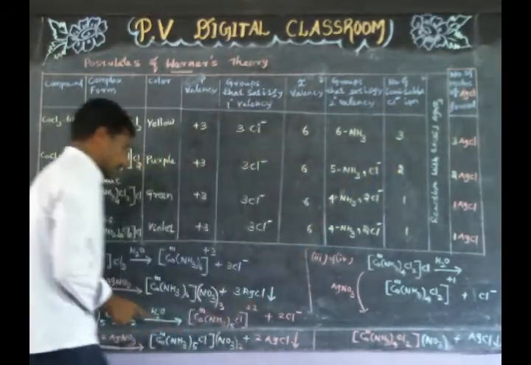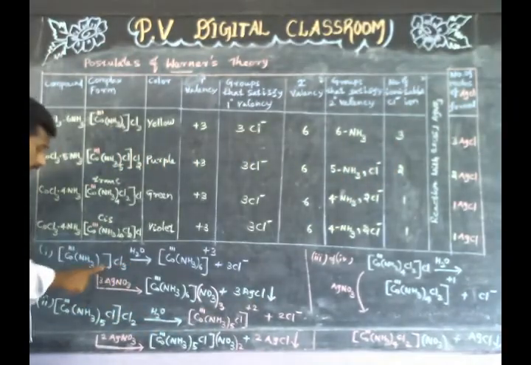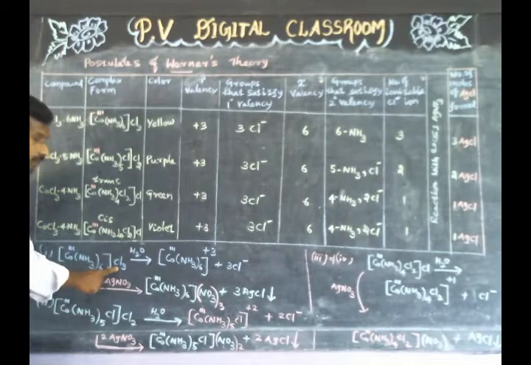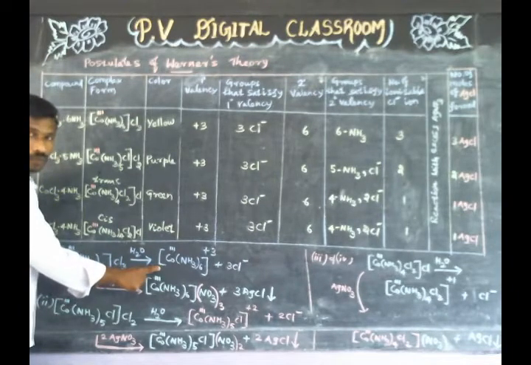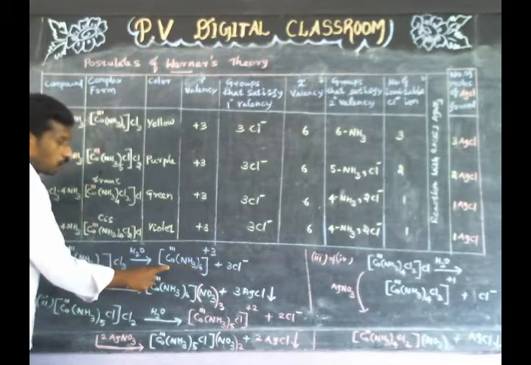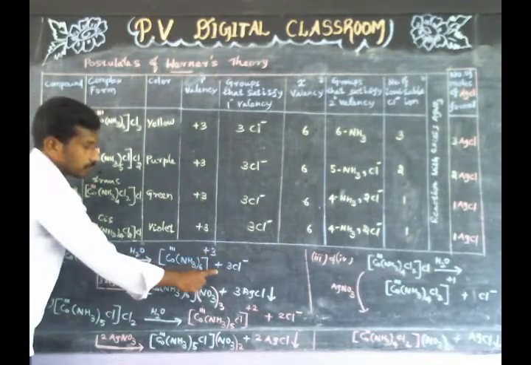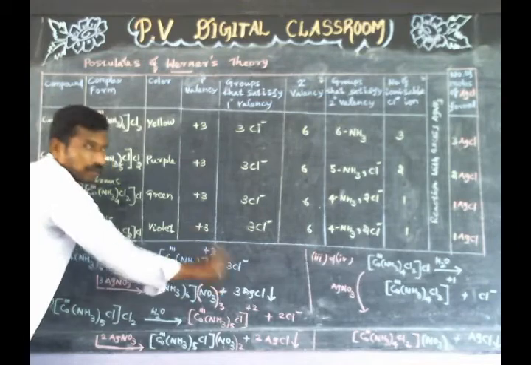This is because in water hexaamine cobalt 3 chloride dissociates to form hexaamine cobalt 3 ion and 3 Cl- ions.